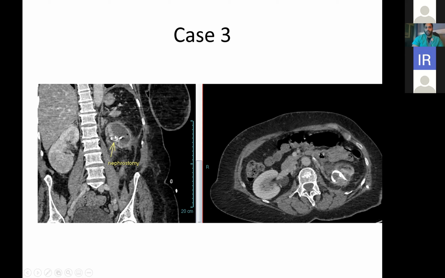And this is an image just to show there's not really much of the kidney left. There is a drain situated in the renal pelvis centrally, and it's been several months now, and she is slowly recovering.